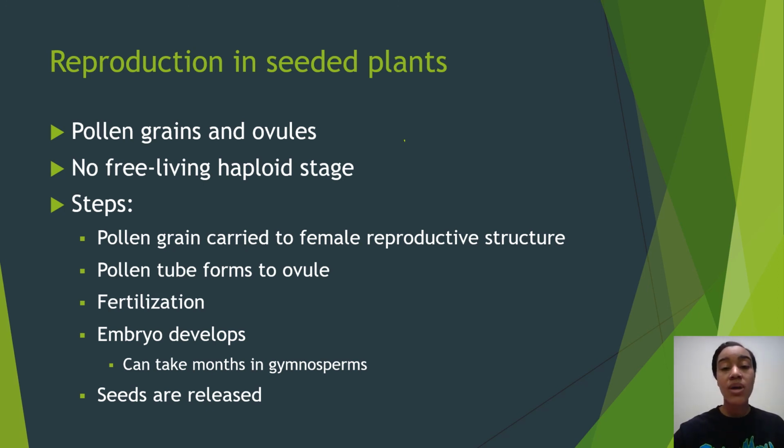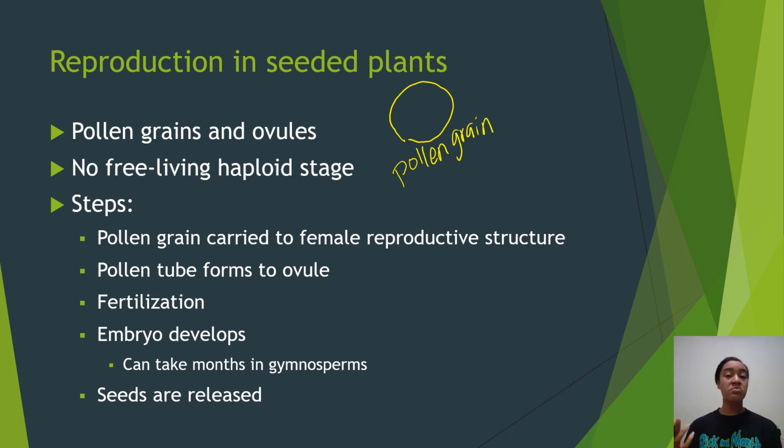So the pollen grain is what many of you are pretty familiar with if you've ever lived in Georgia for any period of time in the spring, when everything is covered in this yellow dust. That's all the pollen, right? And these pollen grains are responsible for carrying the sperm cells.